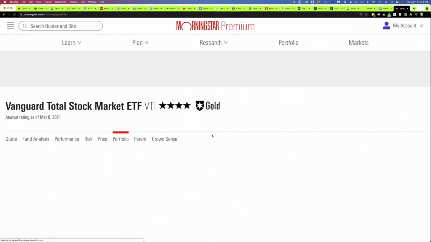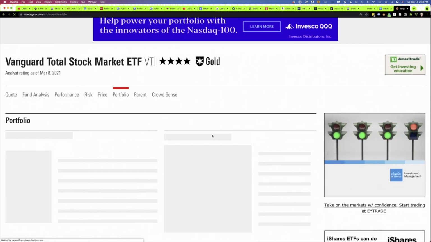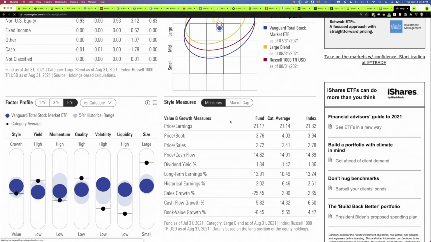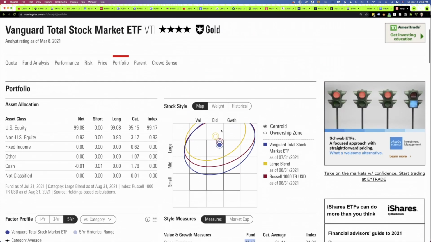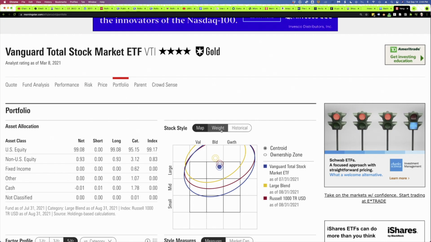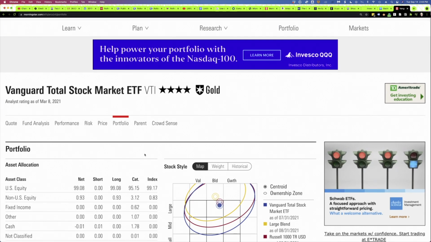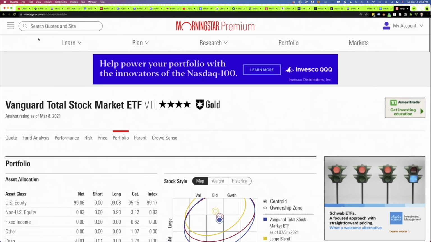If we look at the portfolio, we can see that it has a price to earnings of about 21. Now that is a forward-looking price to earnings, so it's using estimates of what they think the US market will earn next year for the earnings portion of the ratio.